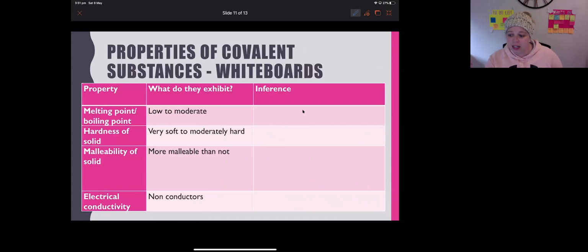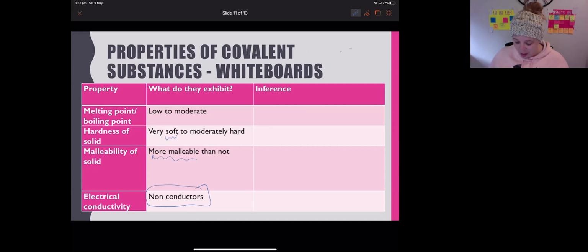Focus more on the fact that they're soft. Are they malleable? Yes, they're quite malleable. Why would they be malleable in terms of these intermolecular forces? And they are non-conductors of electricity. So tell me why. Give it a pause and then come back and see if you got your inferences right.